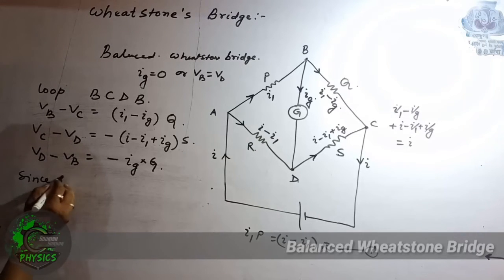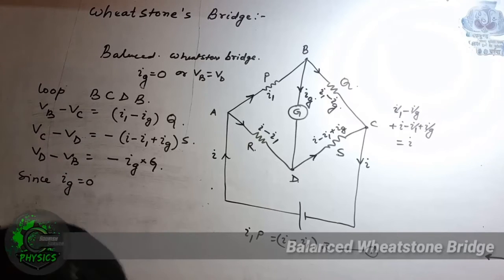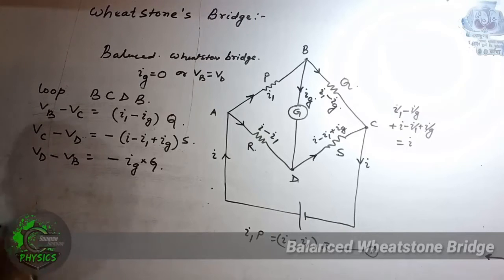Since Ig equals 0 for a balanced Wheatstone bridge, this condition we will consider later on. First, let us write the equation.